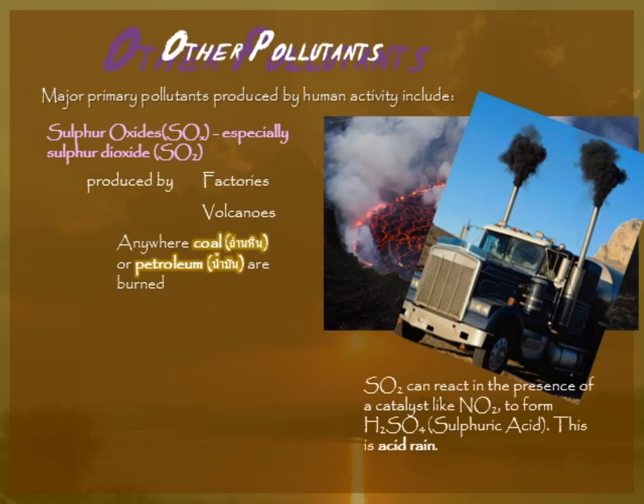So SO2 can react in the presence of a catalyst like NO2 to form H2SO4, sulfuric acid, and this is what we know as acid rain. So here you can see we have our reactants including our catalyst NO2, and we have that together with SO2, sulfur dioxide, and H2O, water, and another little oxygen molecule, as well as some good old sunlight.